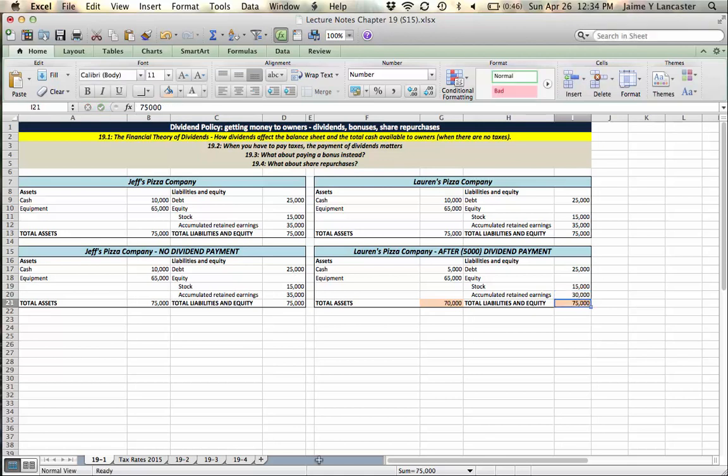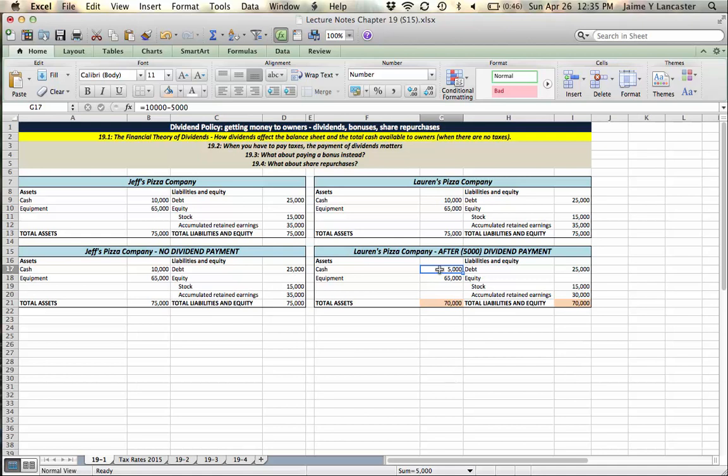So sometimes you hear people say that dividends are paid out of retained earnings. That's what they mean. It reduces the balance of accumulated retained earnings. Where dividends really come from, in my opinion, is cash. You have to have cash. You can have all the retained earnings that you want, but if you don't have cash, you can't pay a dividend.